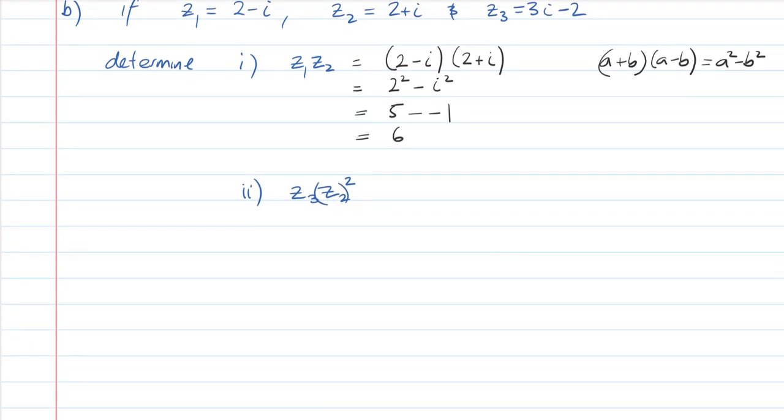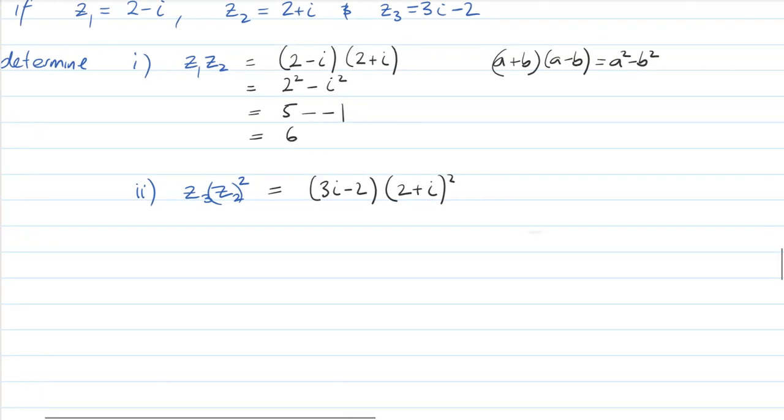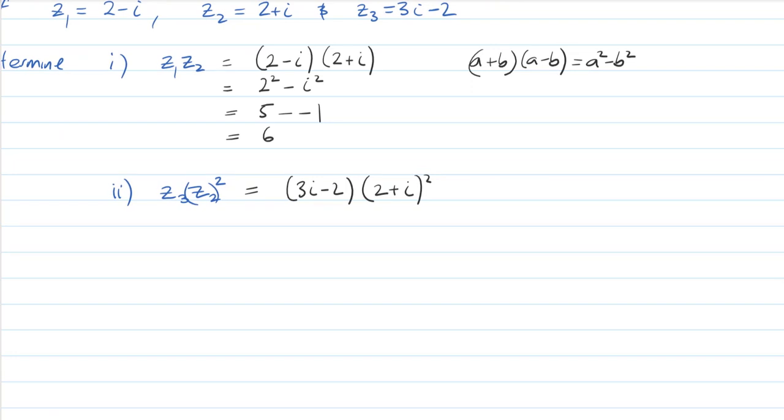And then we have Z3 times Z2 squared. So that is (3i minus 2) times (2 plus i) squared. Now again, I could apply a rule here. Remember that (a plus b) squared is equal to a squared plus 2ab plus b squared.